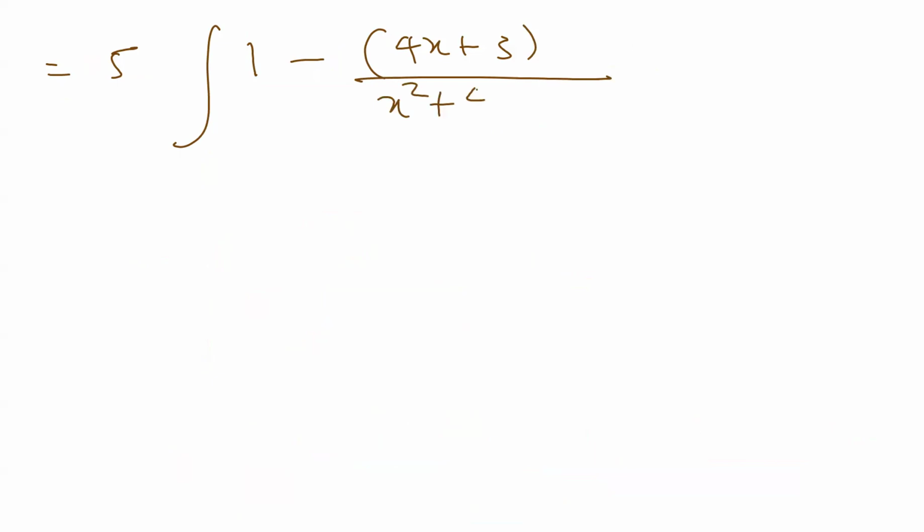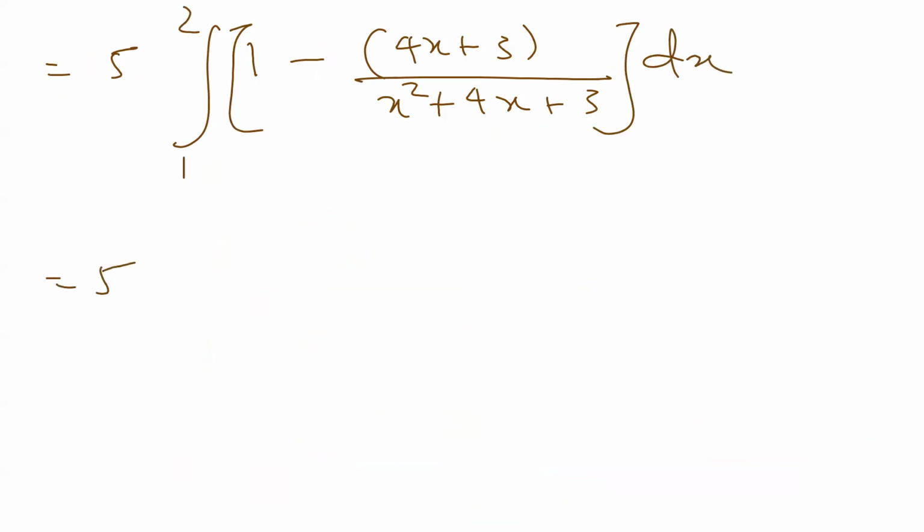5 integration of 1 minus 4x plus 3 upon x square plus 4x plus 3 dx, and this is going to be 2 and 1.